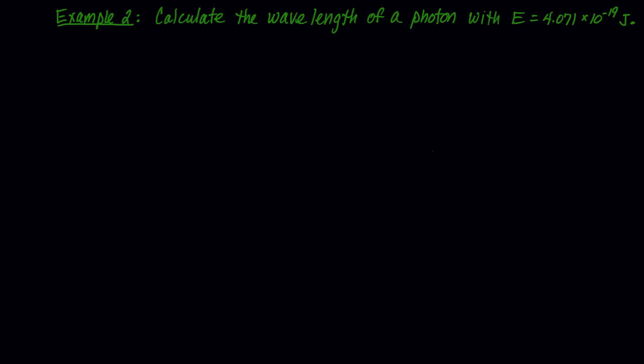Here's a second example that asks you to calculate the wavelength of a photon with energy equal to 4.071 times 10 to the minus 19th joules. I suggest that you turn off the video, see if you can do this on your own, and then you can watch me solve the problem.